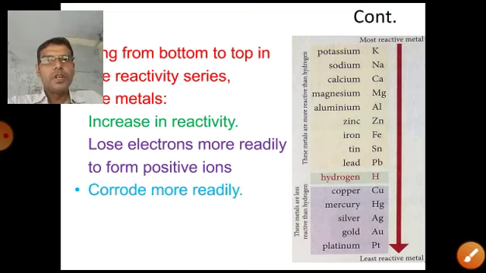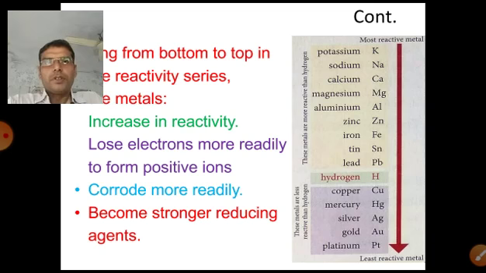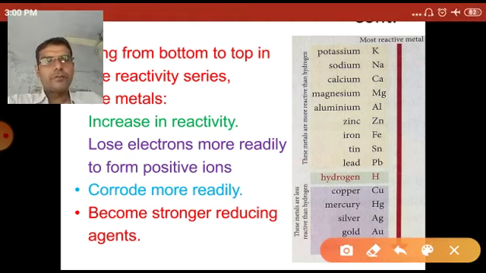Next, more reactive metals corrode more readily and become stronger reducing agents. Reducing agents are those agents which have a greater tendency to lose their valence electrons.